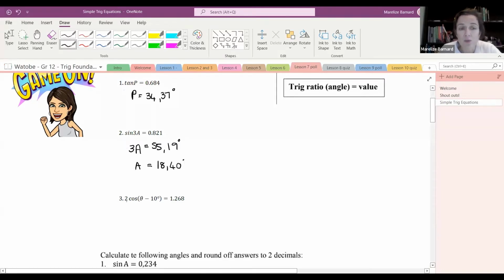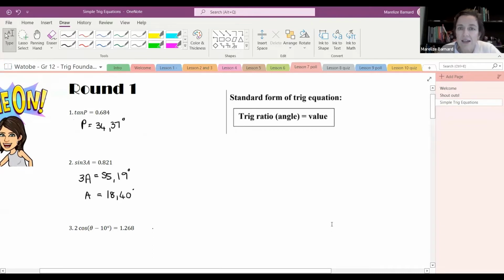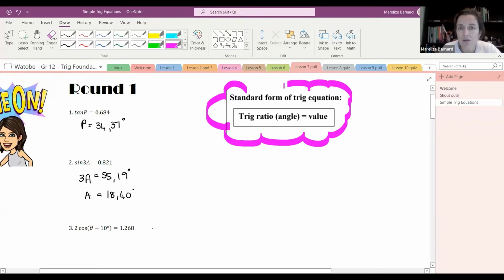Right, let's have a look at this next one. Okay, so the next one, we've got 2 cos theta minus 10 equals 1.268. So the first thing we need to do here, and here is my little reminder that I wrote here for you. The standard form of a trig equation is always trig ratio angle equals your value.